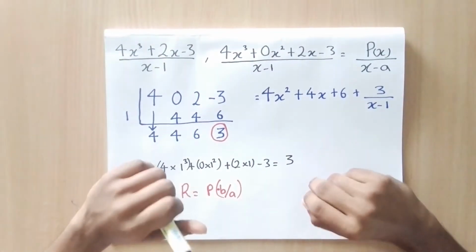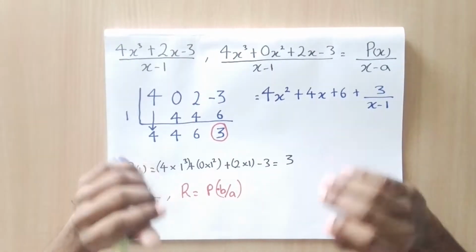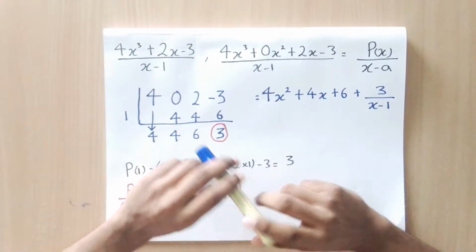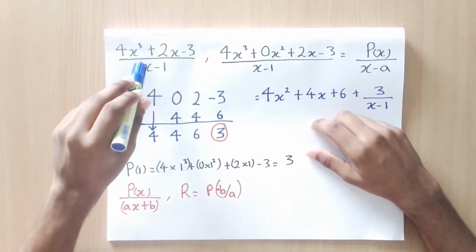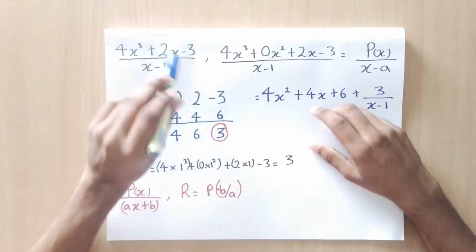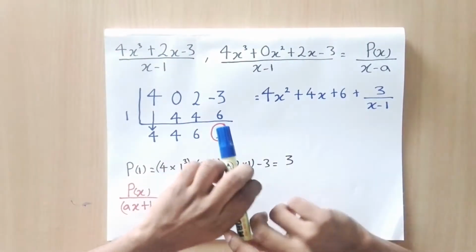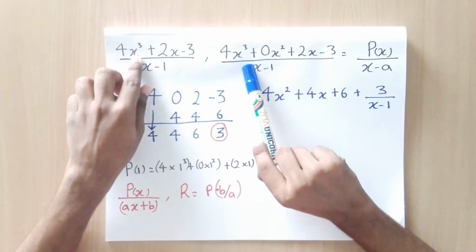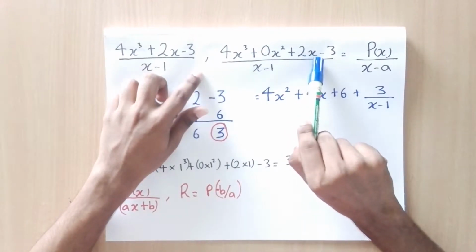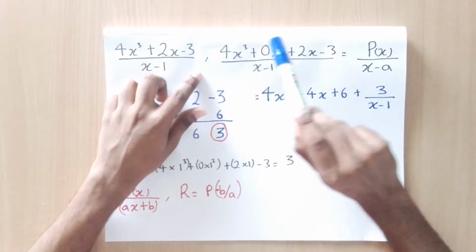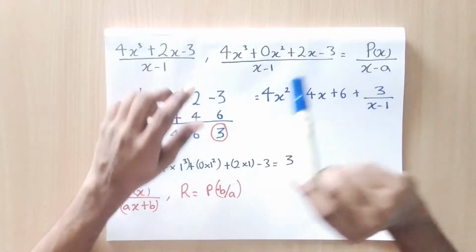Today, let's learn a new technique, the synthetic division method. In this method, first we write down the polynomial in a way that the degrees of x decrease gradually. So that would be 4x cubed plus 0x squared plus 2x minus 3. So here we can see it's 3, 2, 1 and 0.